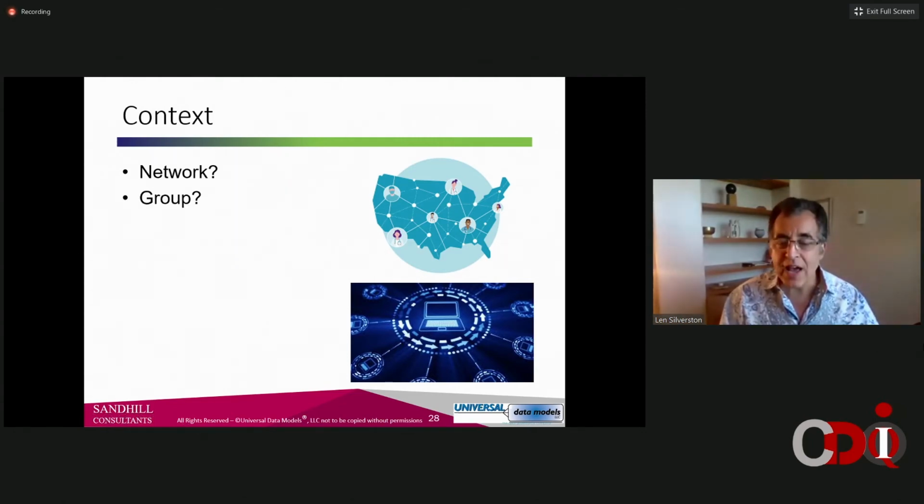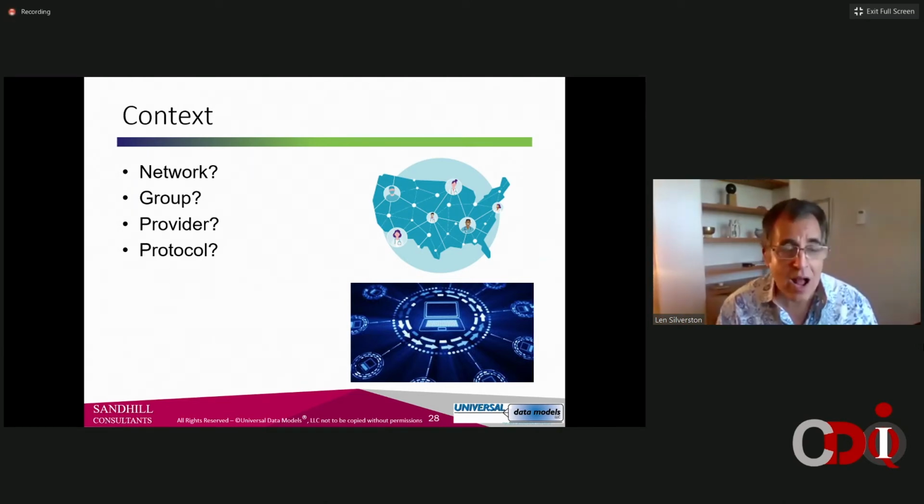A group, is that the network group of the group ID that's on the card? Is that the group that you're categorized into at work? There's different definitions and contexts of group. Is this the insurance provider, the healthcare provider? A protocol, are we talking about a clinical trial protocol? Are we talking about a telecommunications protocol?